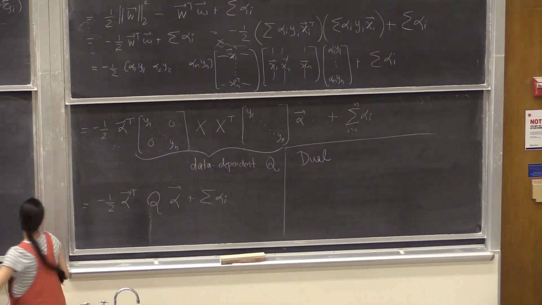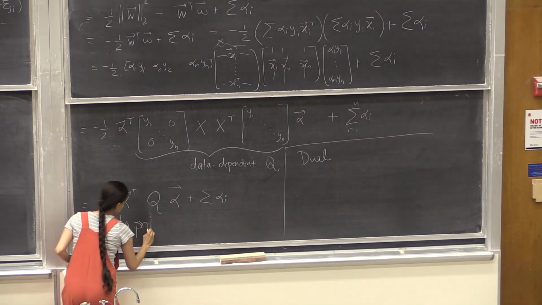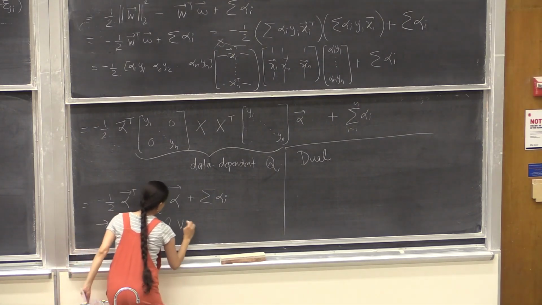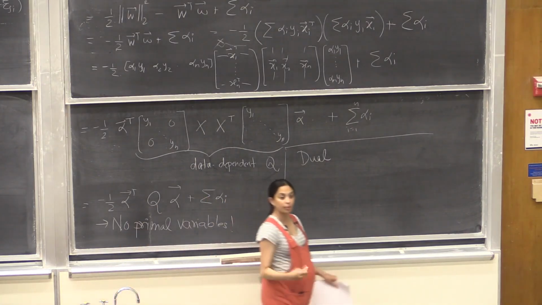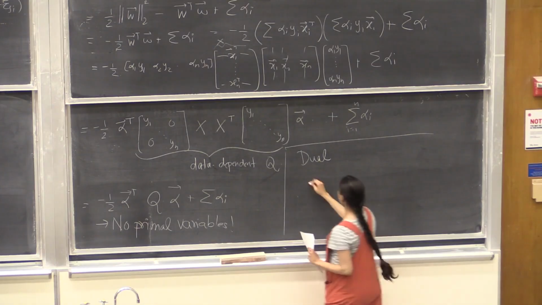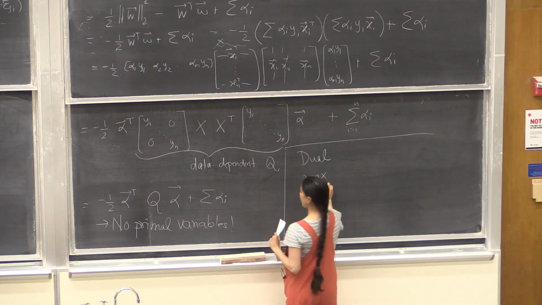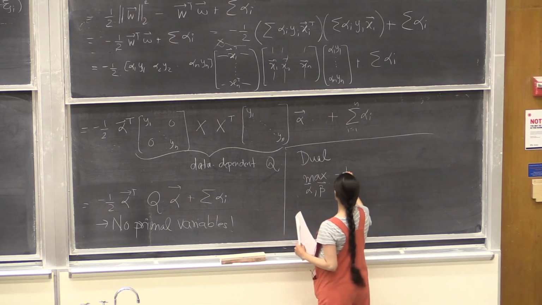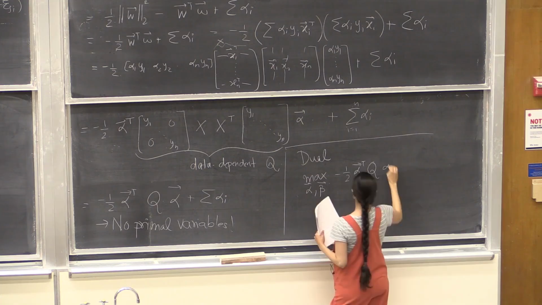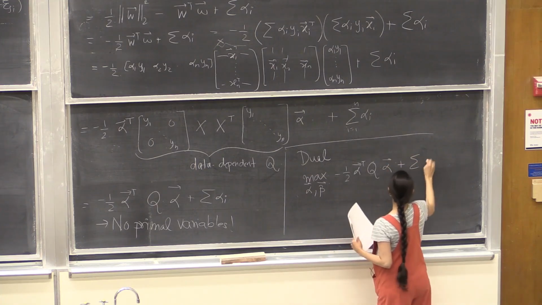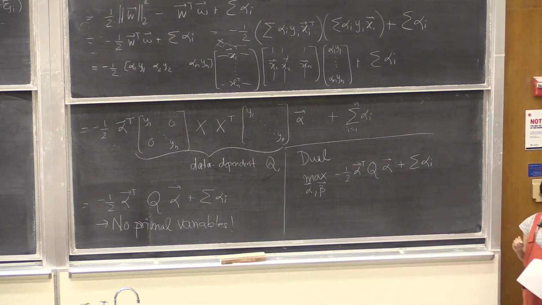There are no primal variables. Therefore, my dual is now just the max over alpha and beta of -1/2 alpha transpose Q alpha plus the sum of the entries alpha i. Okay?